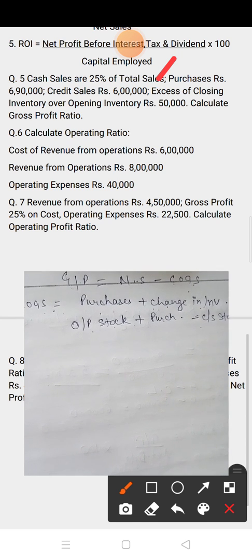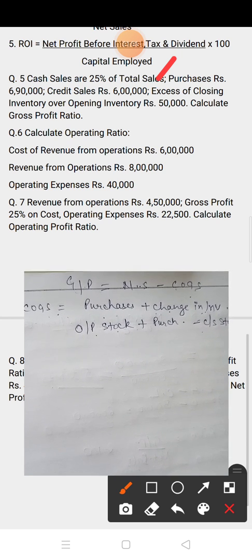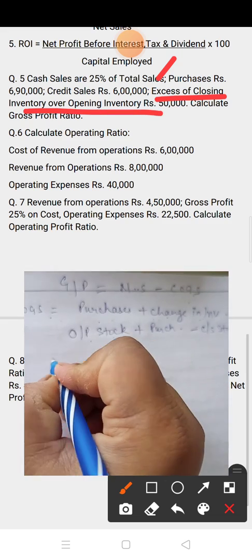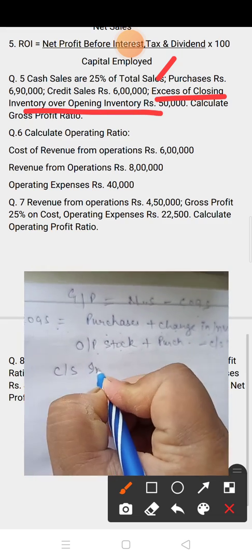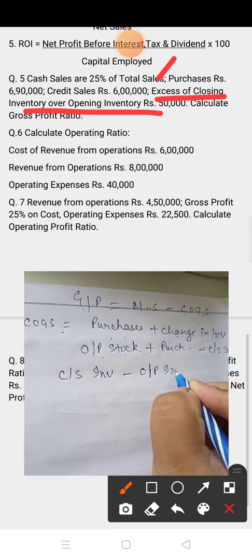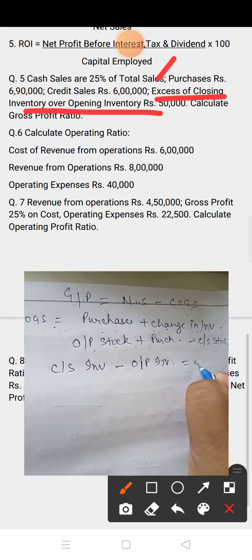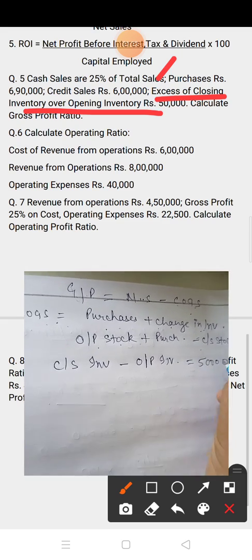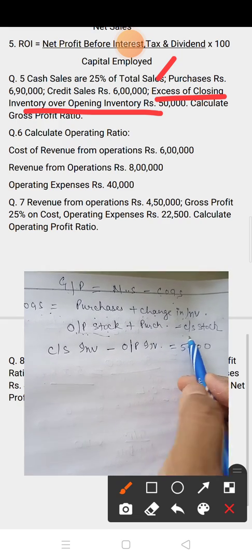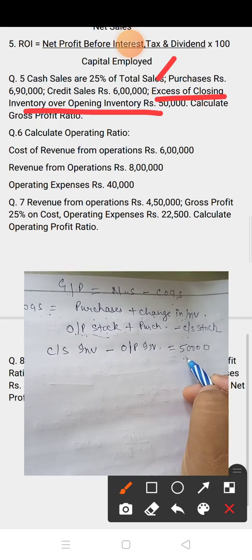But look at the question. In the question, excess of closing inventory over opening inventory is given. It means closing inventory excess over opening inventory, it is given 50,000. But here you have to take opening stock minus closing stock, so this value you can take in negative.